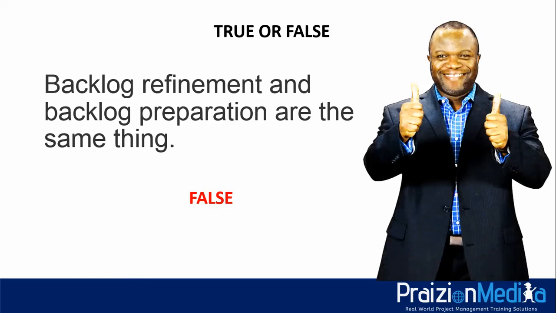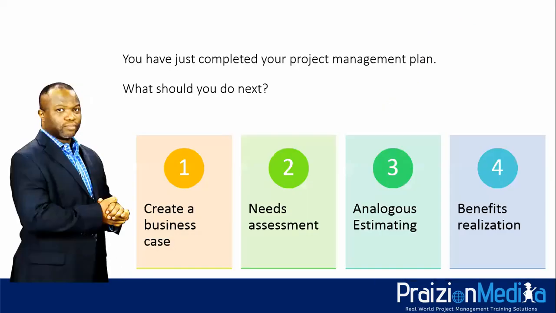All right, let's move on to the next one. You have just completed your project management plan. What should you do next? 3, 2, 1. All right. So since you are on your project management plan, the assumption is you should have done what came before that.